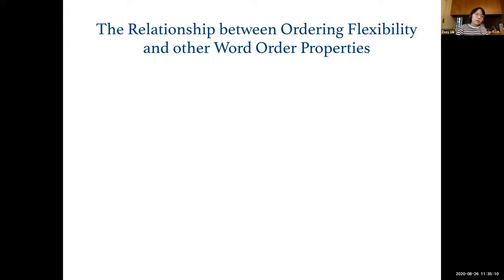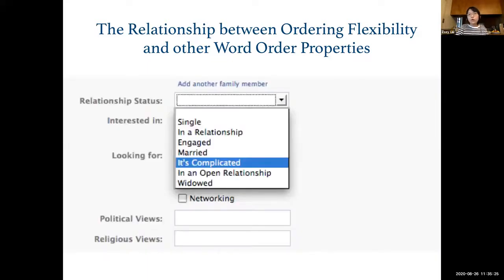So large scale quantitative studies of ordering flexibility, and in particular its relationship with other word order properties across languages, are currently lacking. There are a lot of things that we don't know about the relationship between ordering flexibility and other quantitative syntactic parameters yet.